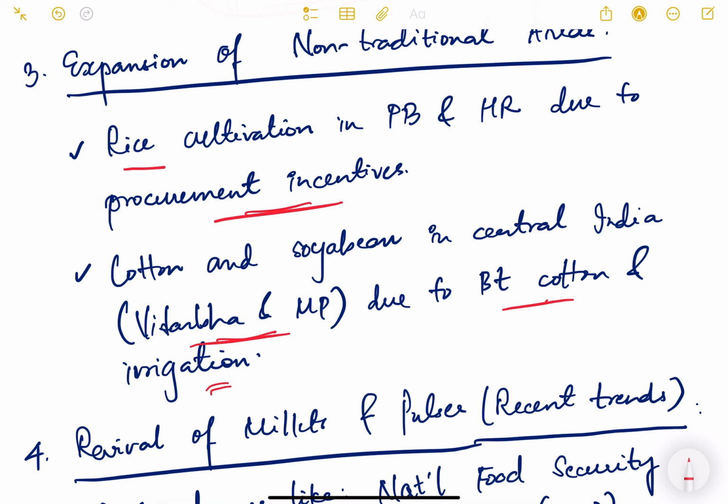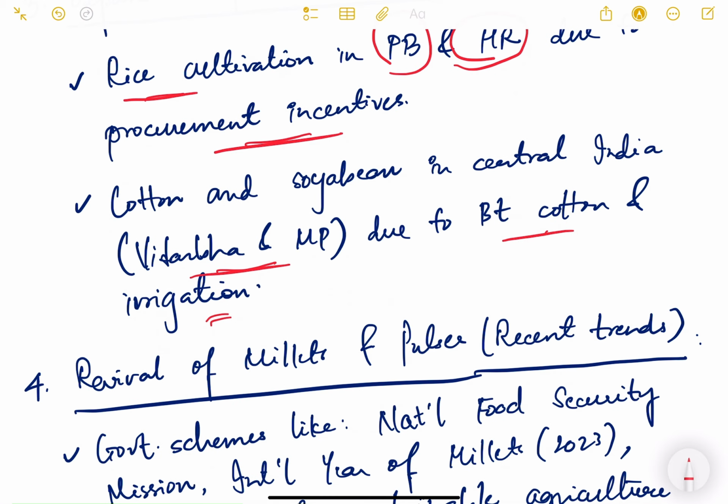For example, rice started growing in Punjab and Haryana, where previously only wheat used to be grown. But because of procurement incentives and other incentives, farmers in Punjab and Haryana started growing rice also during your Kharif season, and in winter they used to grow wheat. Similarly, cotton and soybean in Vidarbha, Madhya Pradesh due to BT cotton. So this is a genetically modified cotton which has high yield, low pest attack, and also availability of irrigation facilities.